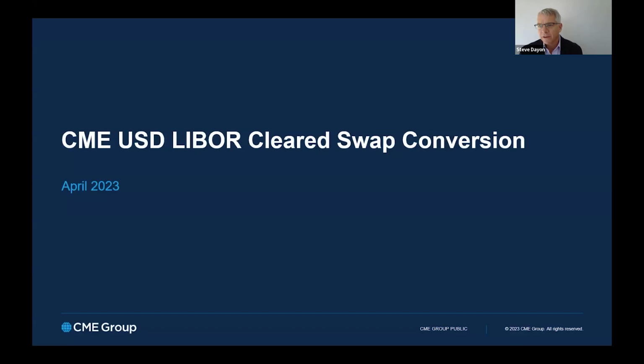We will have a compensation amount that will account for any differences in valuation between the legacy LIBOR swaps priced using fallbacks and the replacement swaps. So people will be compensated at the time of the conversion for any P&L changes.